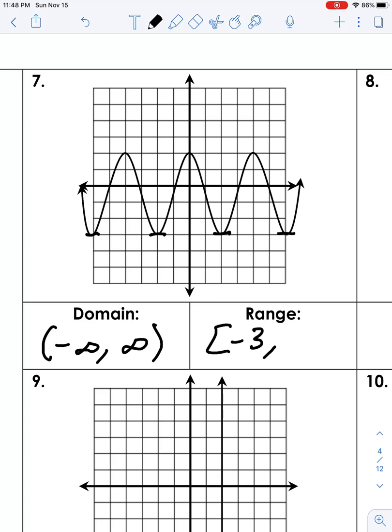Now, most people would look at number 7 and they would say, here's my high point. Well, that's actually incorrect. These arrows go up forever, passing those 3 points that I just made, so your high point is actually positive infinity.